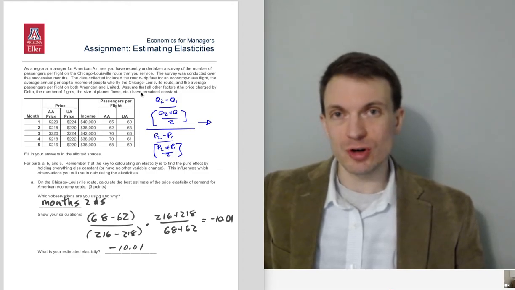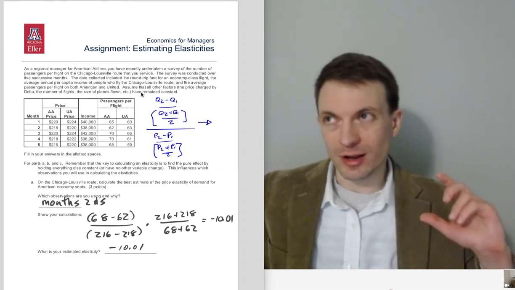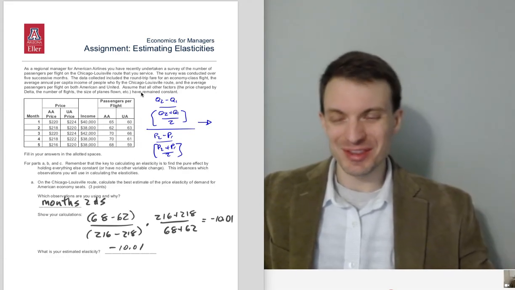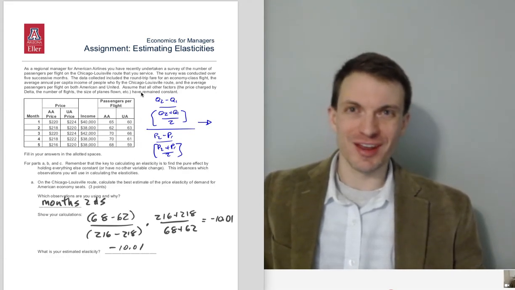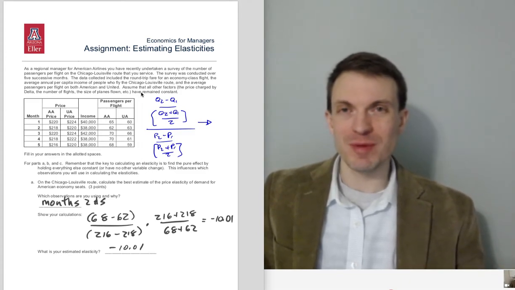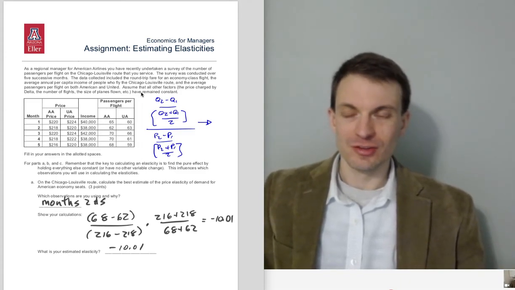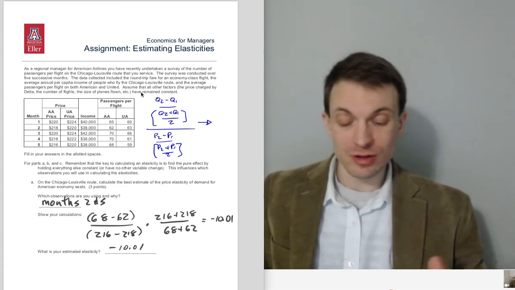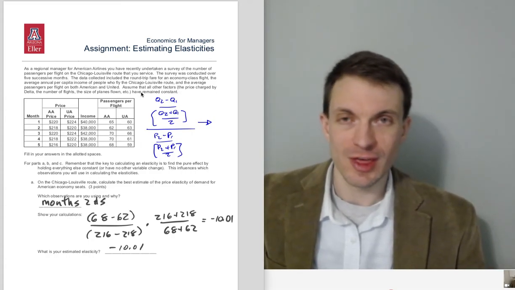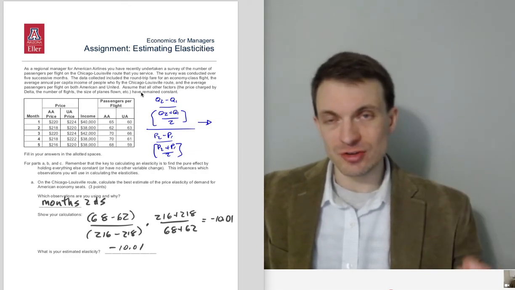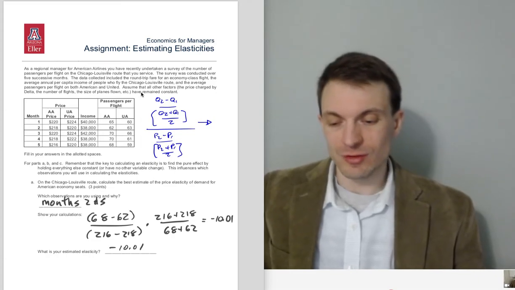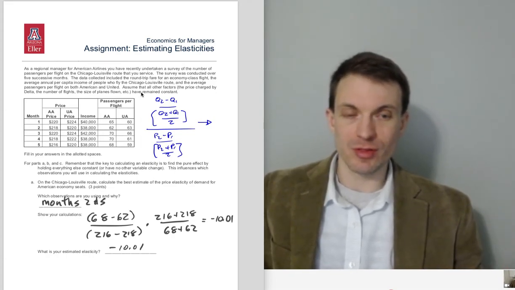And to be sure that we're correctly assigning the change to coming through price, we have to make sure nothing else changes. So it can't be the case that consumer income changes or the number of buyers changes, because those are all demand shifters. Then we're not going to get the change in quantity demanded due to a change in price. We'd be getting a contaminated change coming through lots of other things.